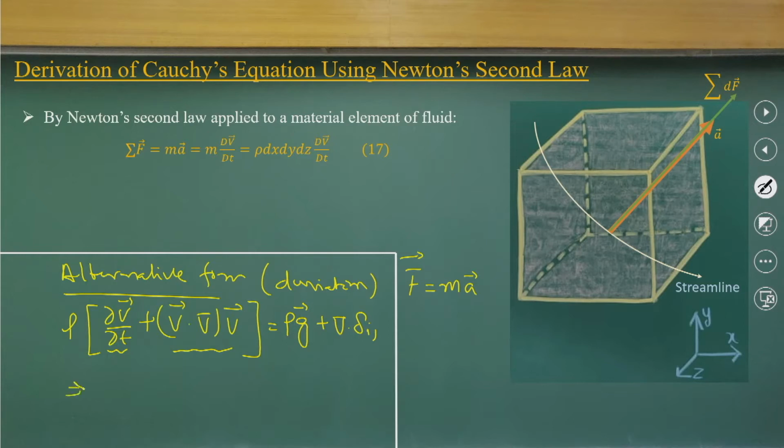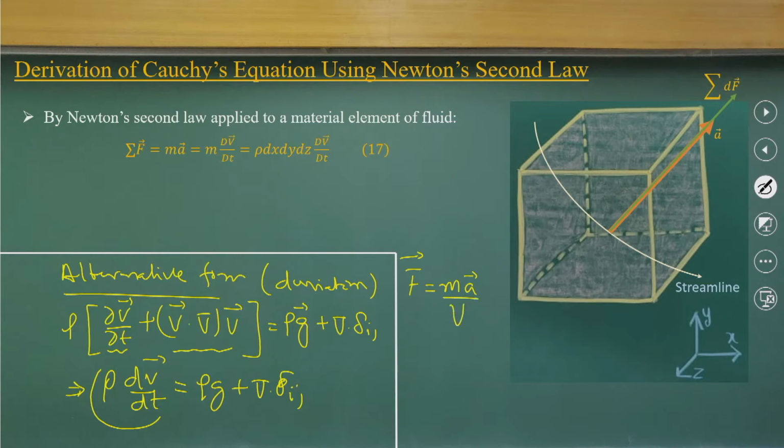That means we can write rho dv by dt is equal to rho g plus del dot sigma ij. So, this is the mass into acceleration per unit volume, where dv by dt is the acceleration times rho.